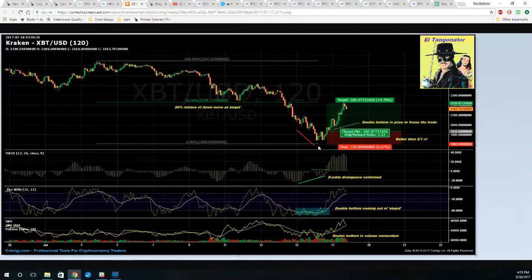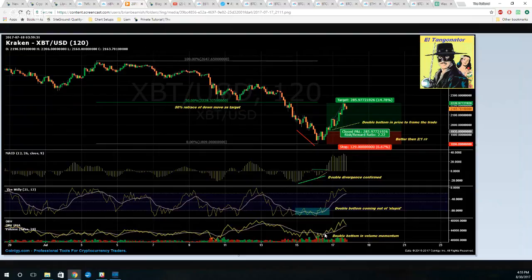As I said a moment ago, this was just an absolutely beautiful textbook setup of this, where we had, in essence, our overbought, oversold indicator, our heavily modified Williams percentage R, giving us signals that this market was pretty washed out. Nice divergence here in this indicator. In the oscillator, nice divergence.